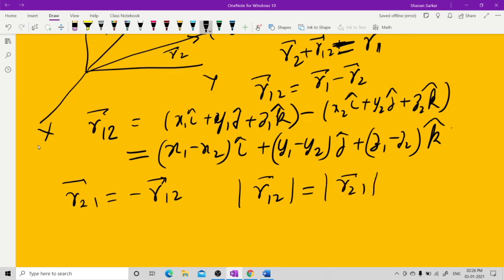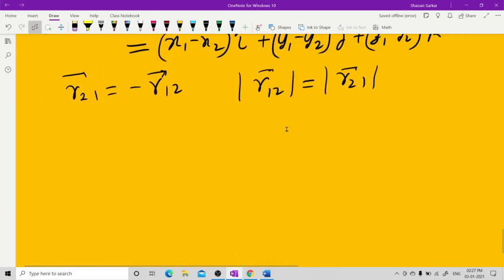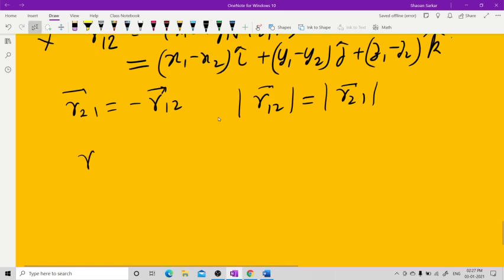They remain the same. Because if I scroll a little up, this distance, whether you measure it from here to here or from here to here, the distance remains the same. I forgot to write this. Now R21 cap would be minus R12 cap.